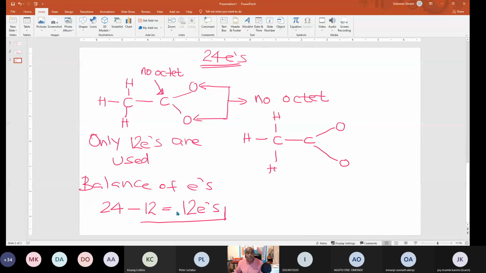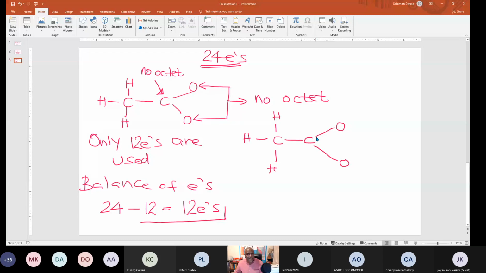So the number of electrons that is left after forming the single bonds are 12 electrons. Now we'll use these 12 electrons to fulfill the octet of the 2 oxygens as much as possible first. Now, if you look at each of the oxygens, they have formed a single bond with a carbon.